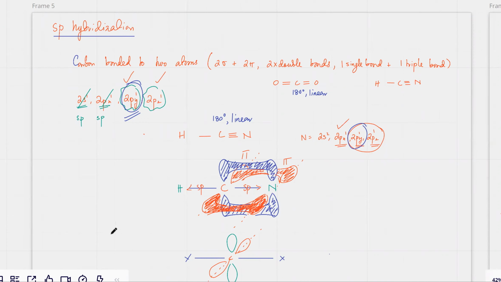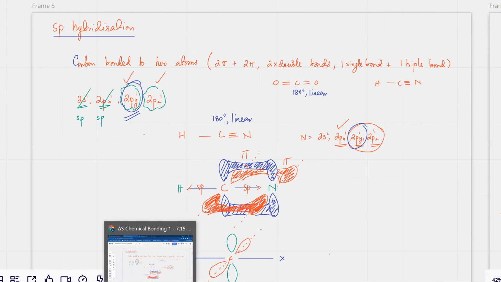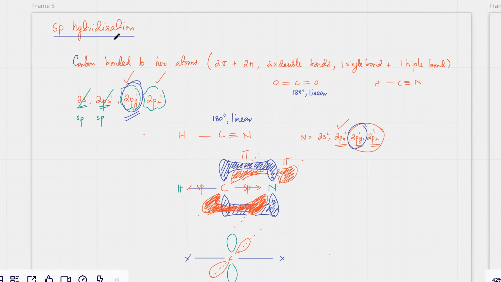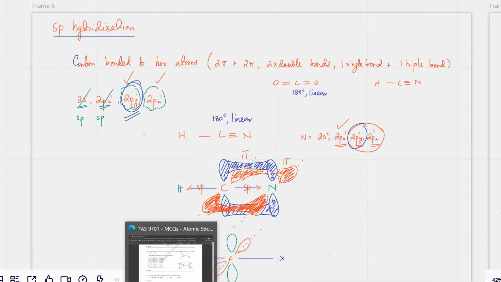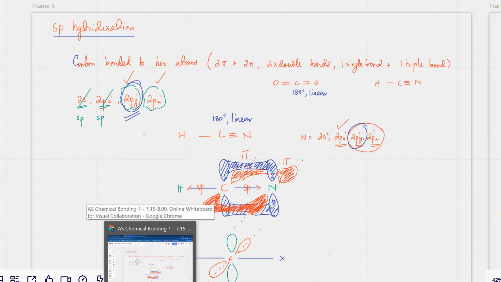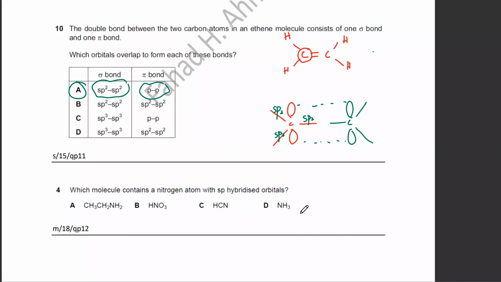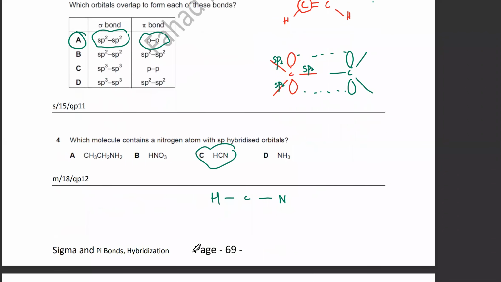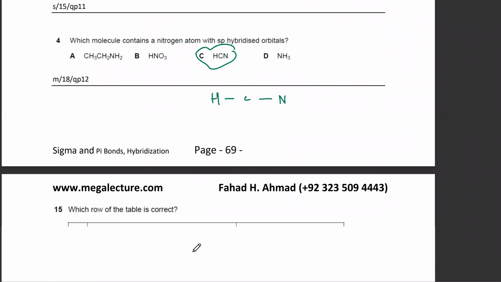So in this question, it's saying which molecule would be sp hybridized. It's going to be when it's bonded to 2 atoms. That's when it's going to be sp hybridized. So if you go back to the question, it's going to be HCN. We were talking about HCN, and it is bonded to 2 atoms. So that is going to be your sp hybridization. Okay? Is this clear, sp hybridization?